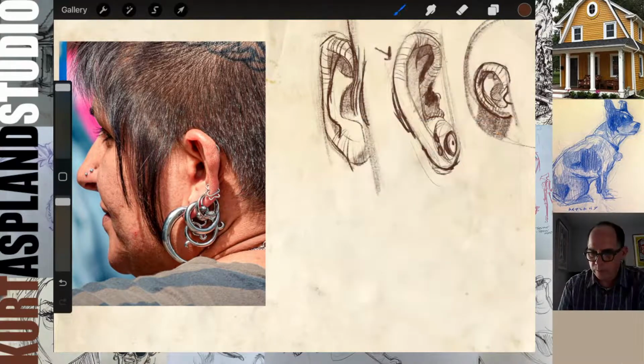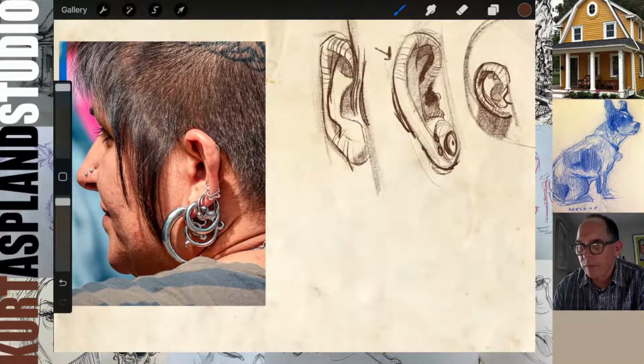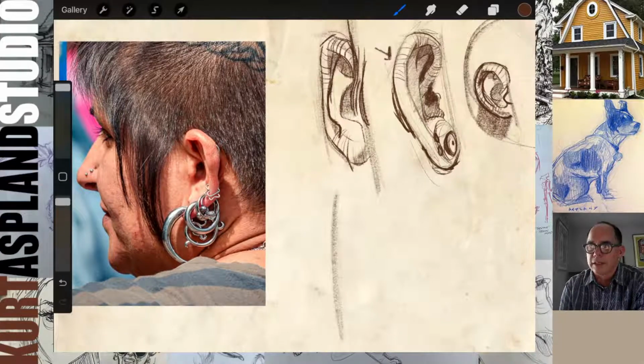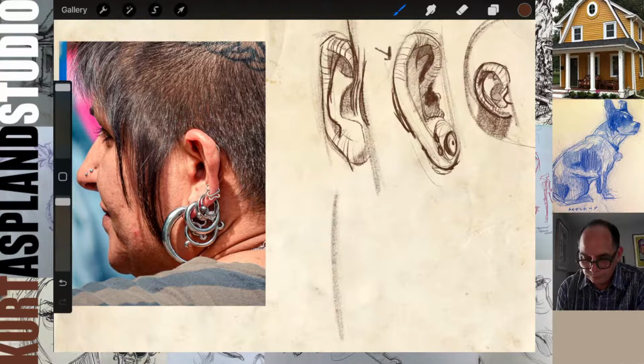One more here. All right, let's get the part. Let's start at the beginning of our process. This is more vertical. This is where the ear comes in contact with the head. All right, let's get the general shape of this ear.